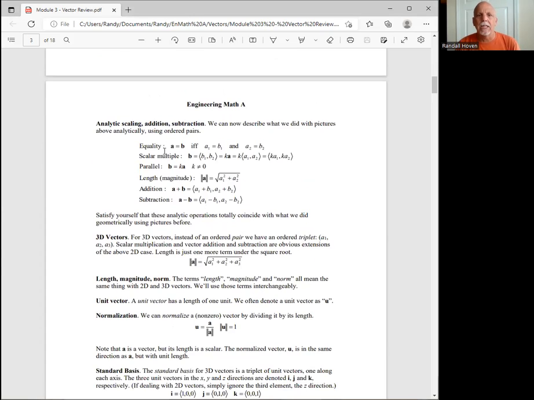When we treat them analytically, all the things I described geometrically carry over. Equality means each of their corresponding components are equal to each other. B1, the first component of B, equals A1, the first component of A, etc. A scalar multiple of a vector means you multiply each component of that vector by the same scalar value.